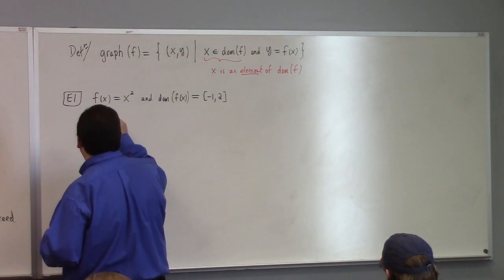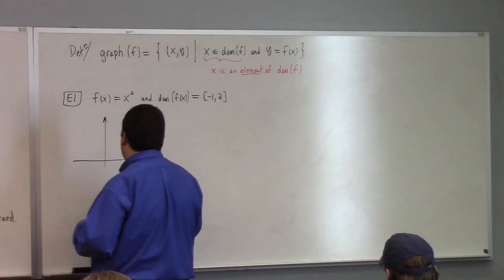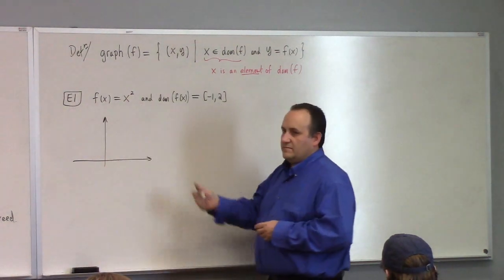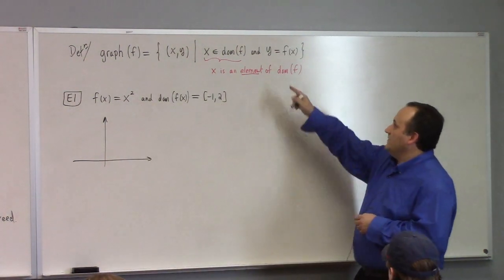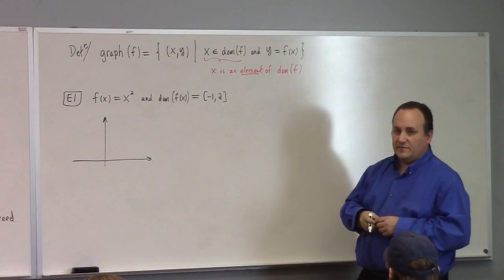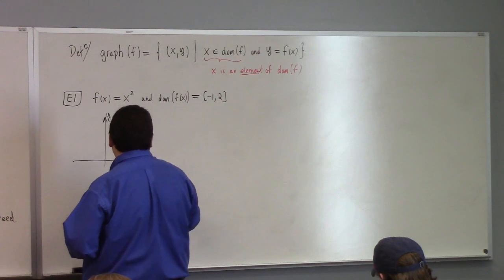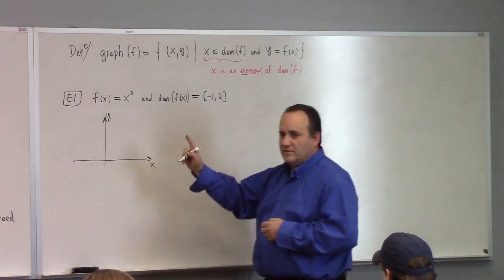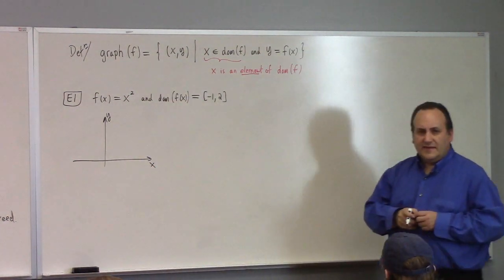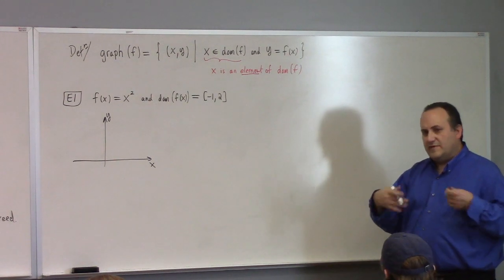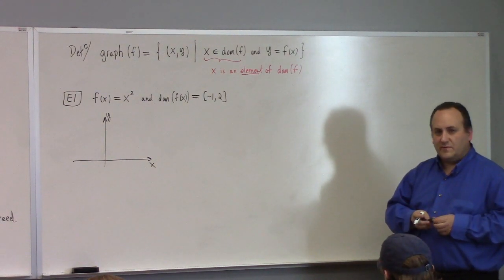Well, range is trickier. I need to graph this thing. How would you graph a function? You're looking for where y is equal to f of x. I assume you guys have had some previous experience with the Cartesian coordinate system. You know what x means, you know what y means. If that's not the case, please read the sections in the text about this and review for yourself.